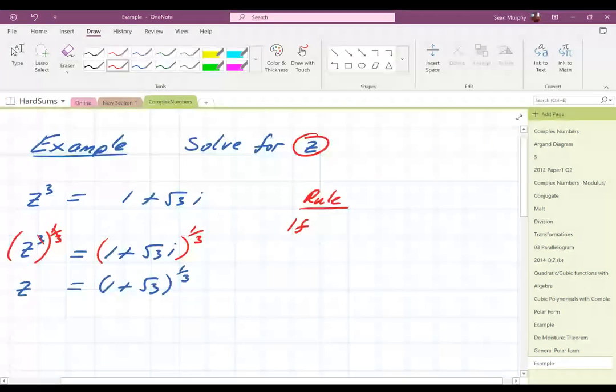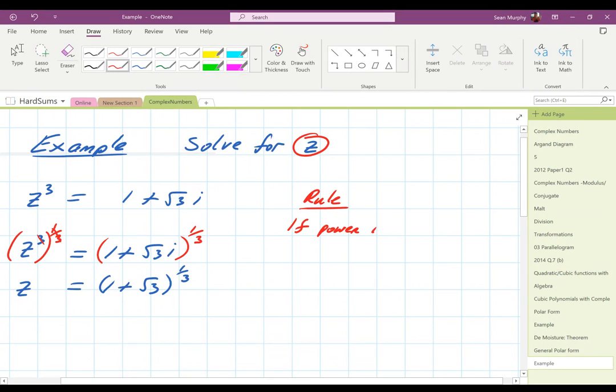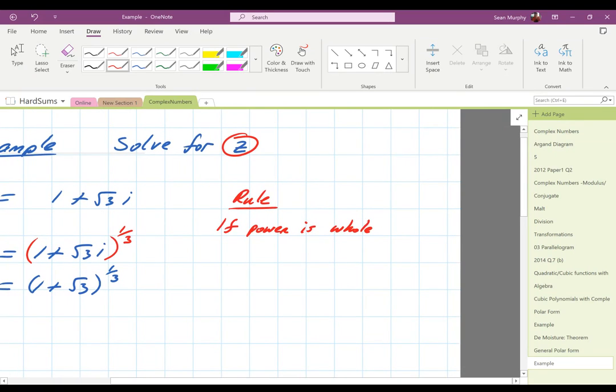If the power is a whole number, use polar form.